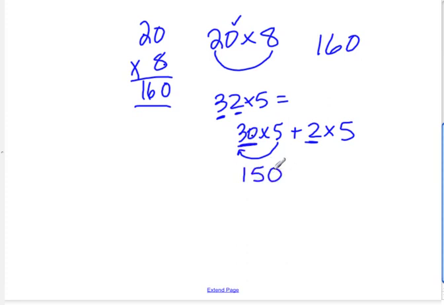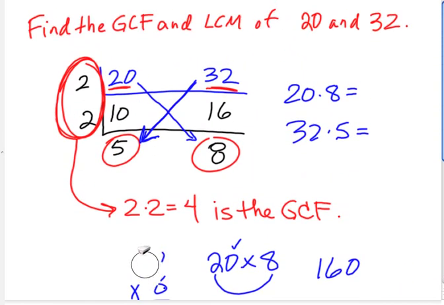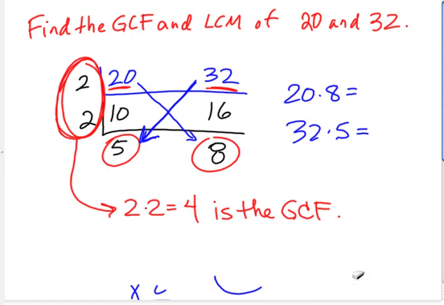Add the 0. 2 times 5, 10. 160. So our least common multiple is 160. Oops, LCM, sorry about that.